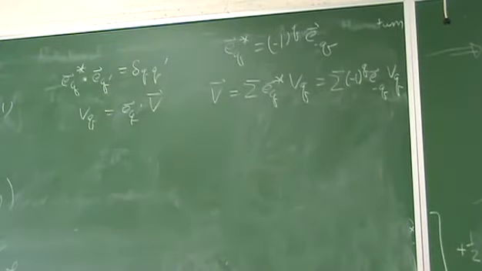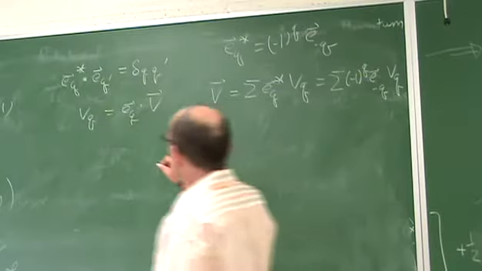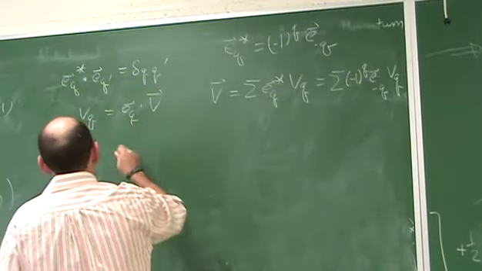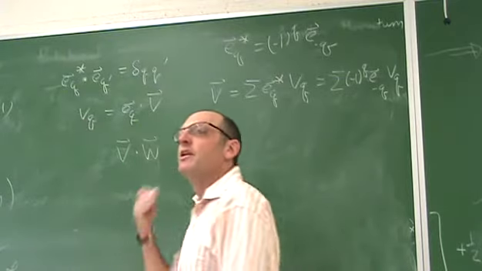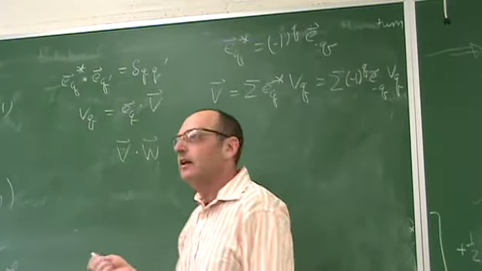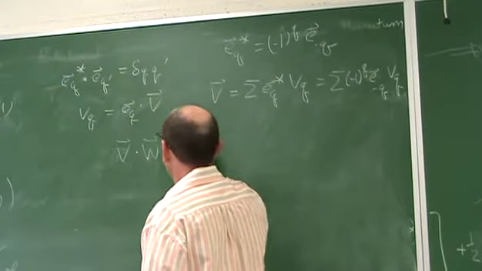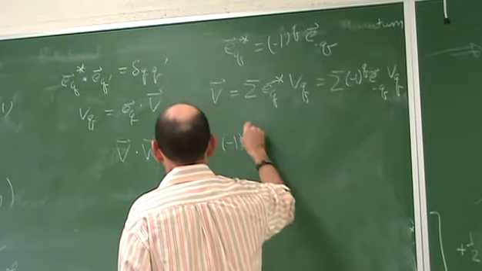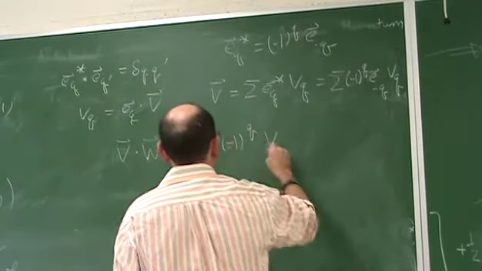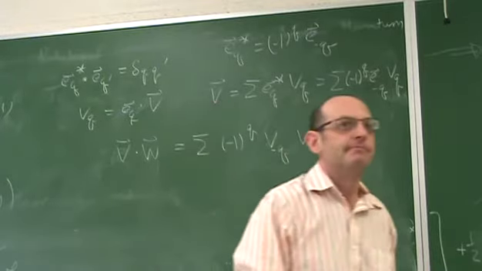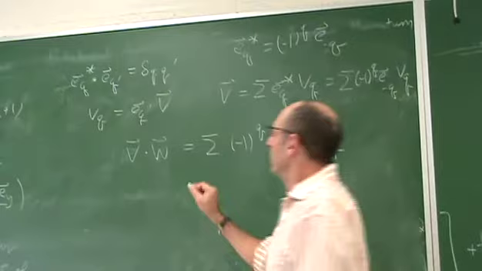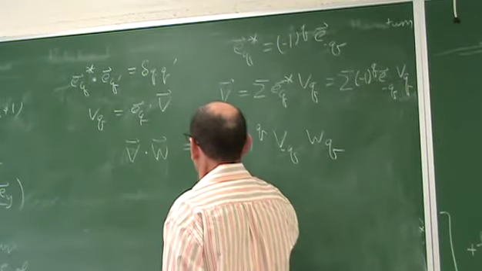So for example, if I looked at the dot product between two real vectors, v and w, which would have components vx, vy, vz, then with respect to the spherical basis, this is written as that, q equals minus 1, 0, plus 1.